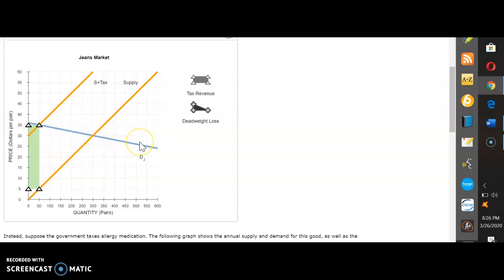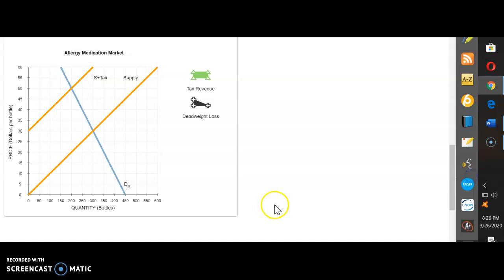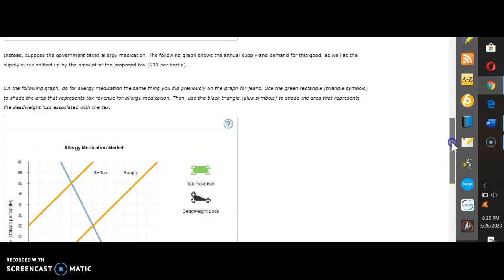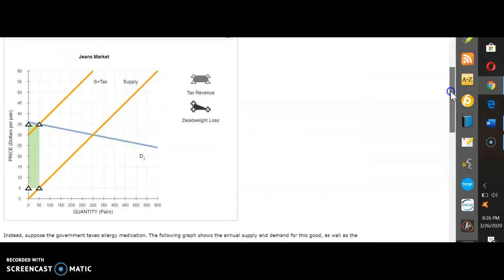You can see by the slope of the demand curve that they're pretty flexible. It's pretty elastic compared to this curve we're going to do in a second. The medication is more inelastic or less elastic. And when you're really flexible or elastic, you're not going to get taken to the cleaners by the tax. You're just going to stop buying the stuff, which is what they do in this example here.